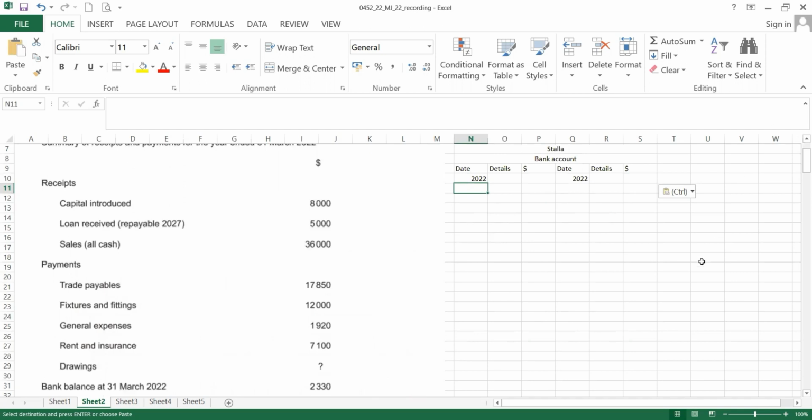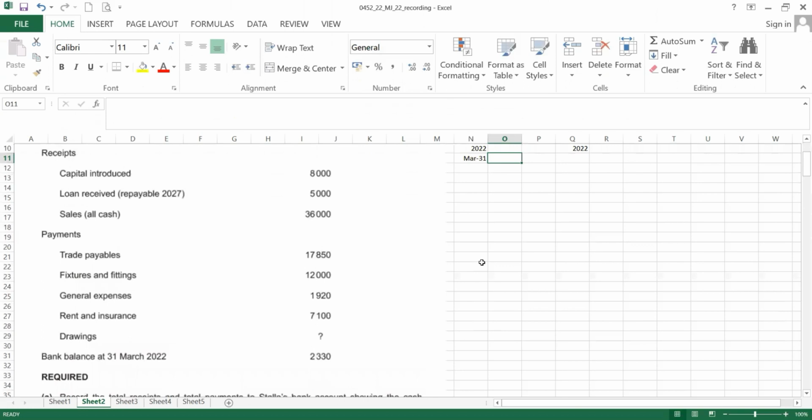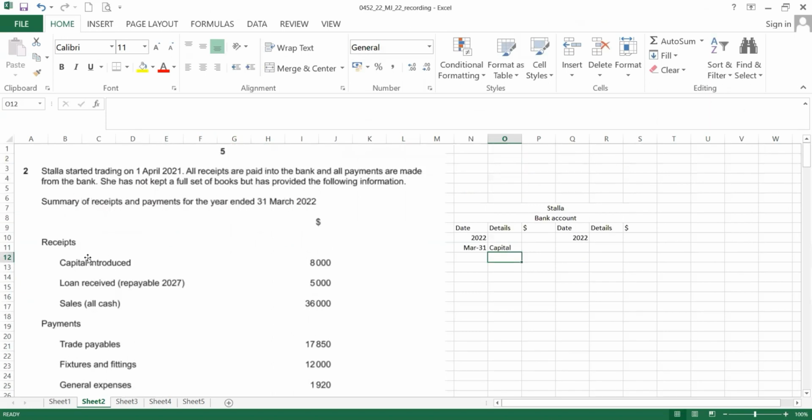So what we record will be the year end, which is March 31st. This is a 1 year account. So in the receipt part, we have capital. Capital should be first, because it cannot be at the end of the year; you only put in the money first.